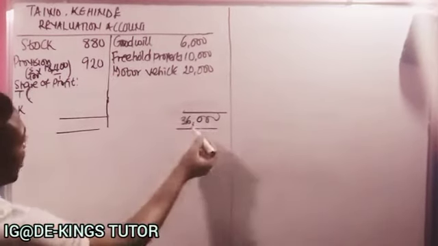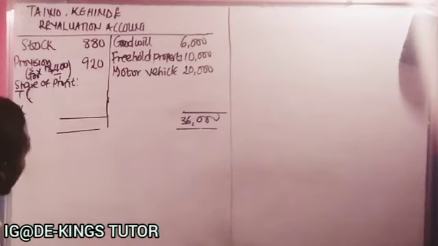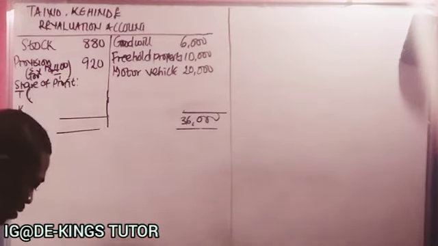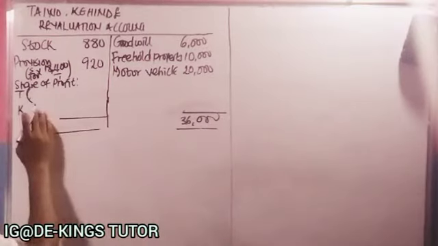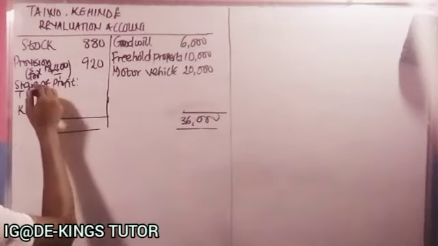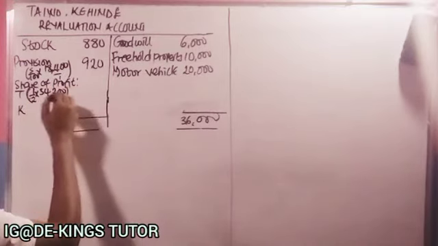profit first. So 36,000 minus, using our calculator, 36,000 minus 920 minus 880 will give us 34,200. So 34,200 is the profit that will be shared. But they said equally. So it will be 1 over 2 times 34,200 over 1.